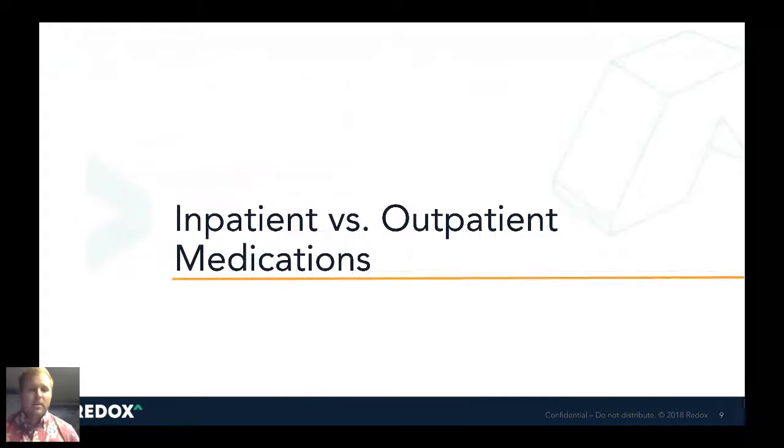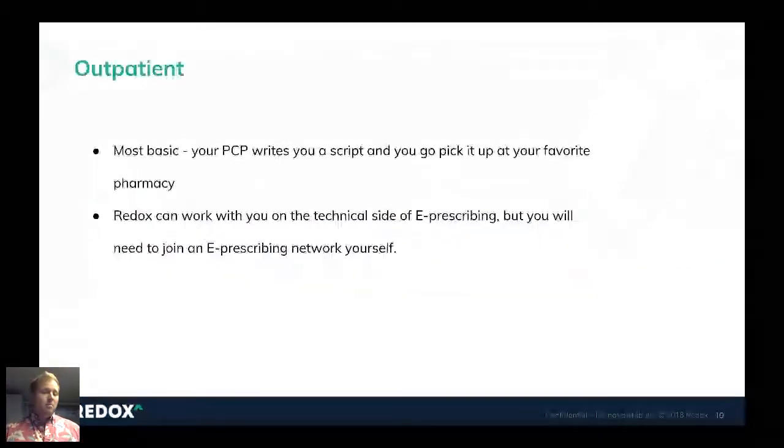The second big umbrella of things to know about medications is the inpatient versus outpatient world. If you've never heard the terms, for inpatient, just think hospital. For outpatient, think going to your doctor's office for a regular checkup.